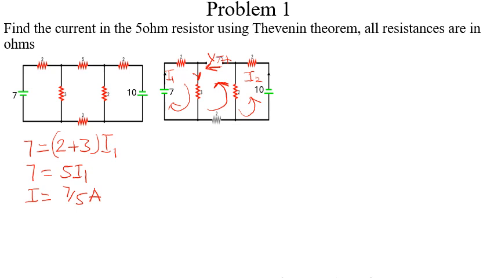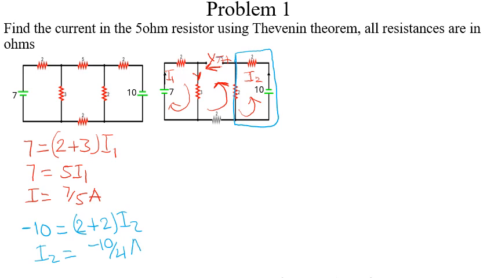So applying KVL in this loop, I have minus 10 is equals to (2 plus 2) I2.